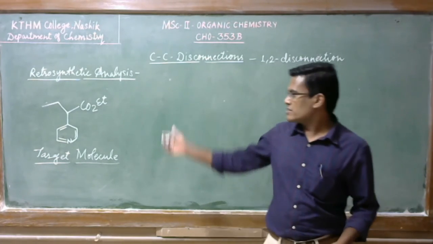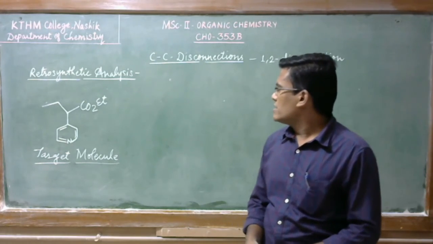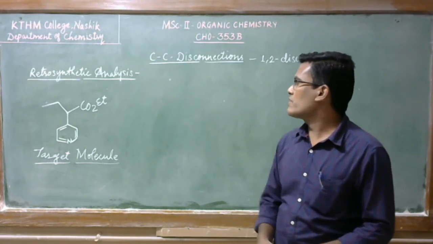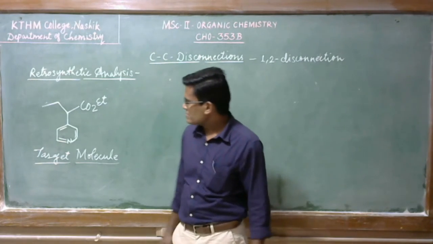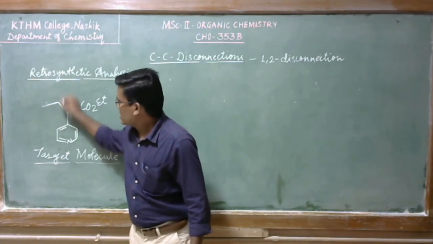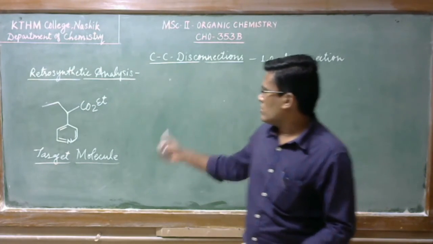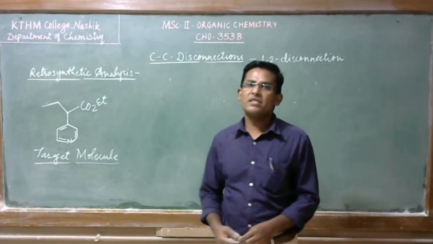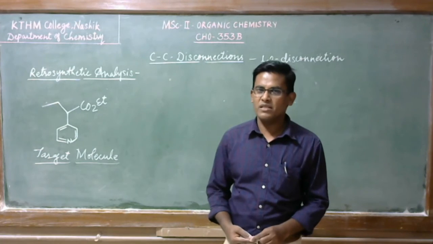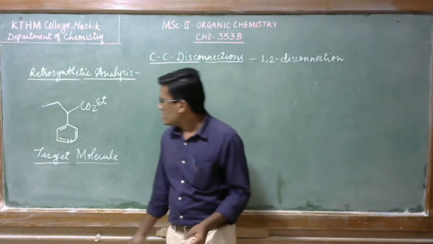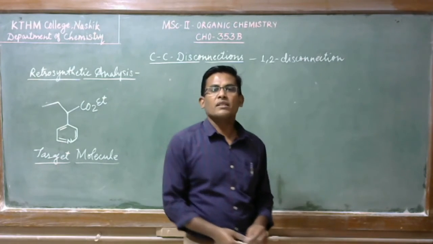When you look at this molecule, you will observe there is the presence of an ester group and an ethyl substituent. So it is the obvious disconnection, the 1,2 carbon-carbon disconnection. This ethyl group can be introduced by alkylation.